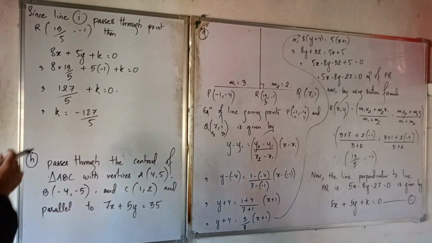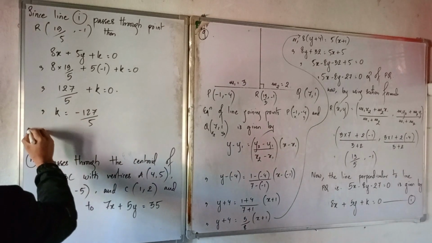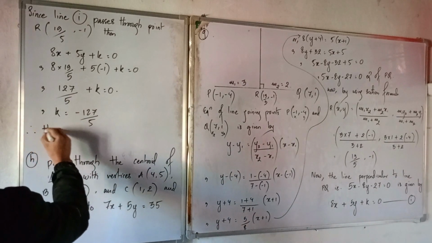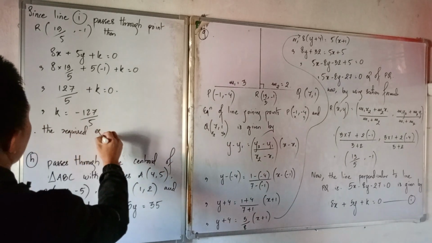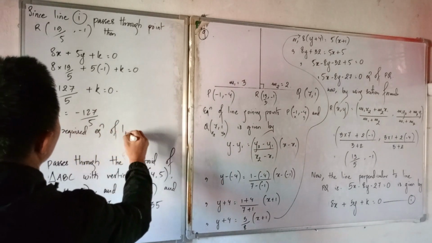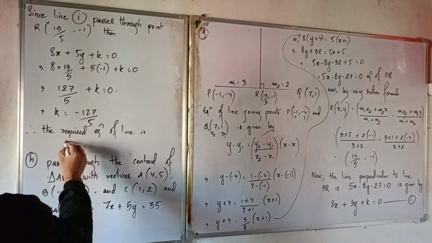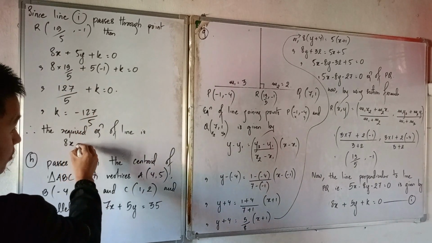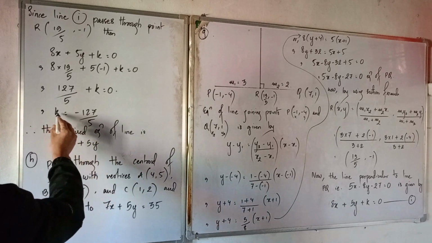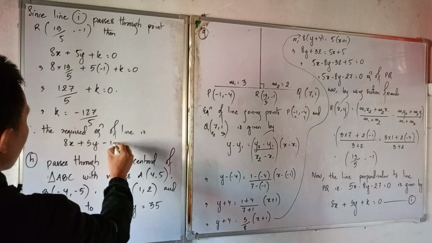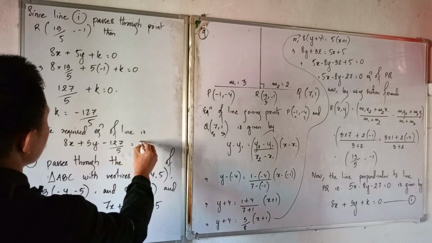Now substitute the value of k in the line I. Therefore, the required equation of line is 8x plus 5y, just substituting the value of k as minus 127 by 5, equals to 0.